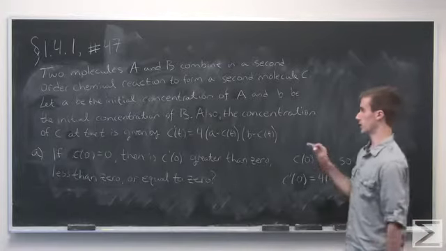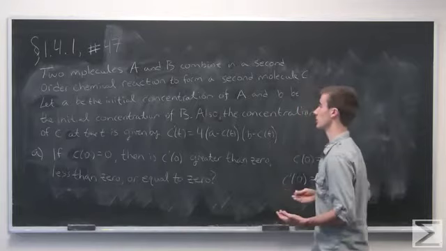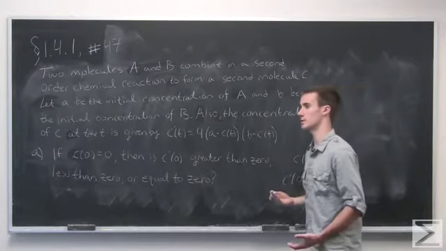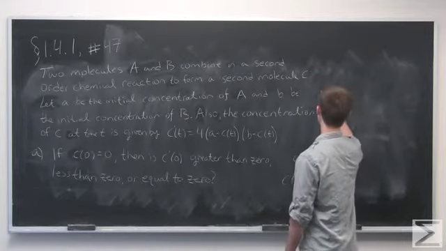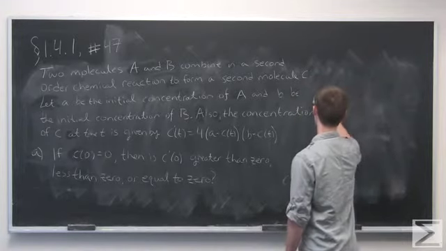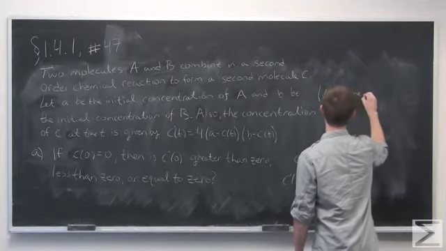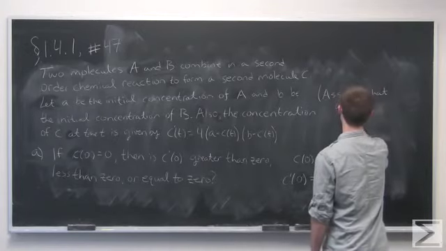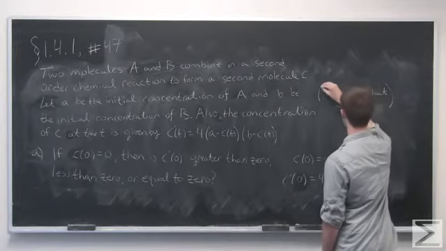Now, one part of the problem that I forgot to write on the board here, which intuitively makes sense, is that the initial concentrations have to be positive. It can't really have a negative concentration of something. So right up here, assume that A is greater than 0 and that B is greater than 0.